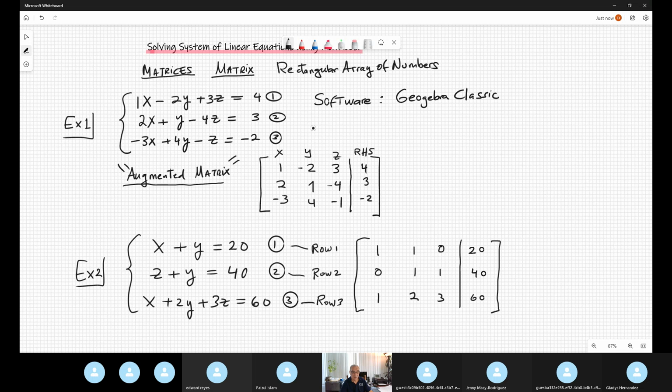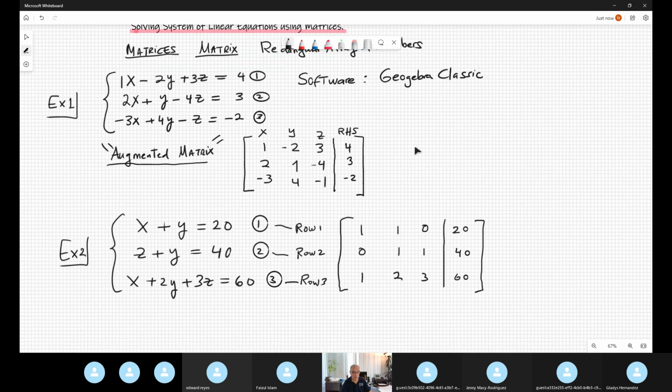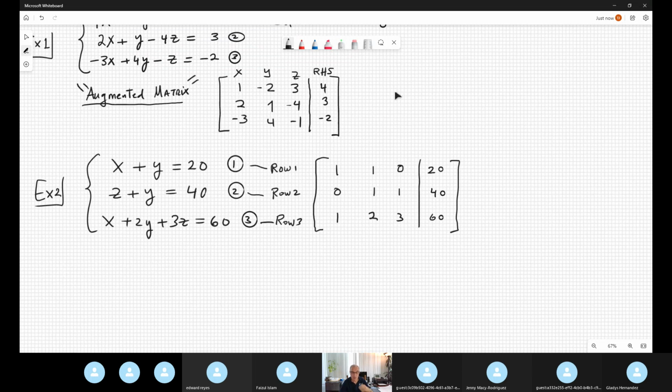I want to start the process. Now, important: the language of the matrix is the dimension. Dimension is the number of rows, a symbol indicating something like a multiplication, but actually it's not a multiplication, and the number of columns.